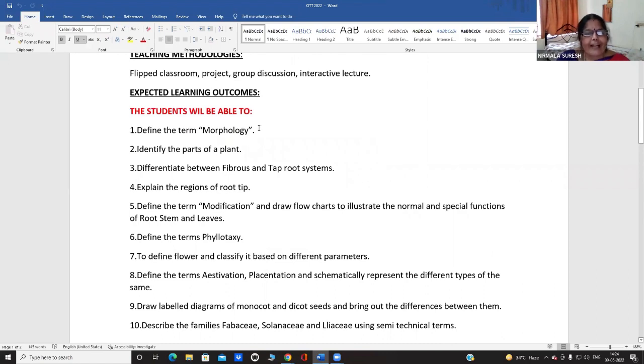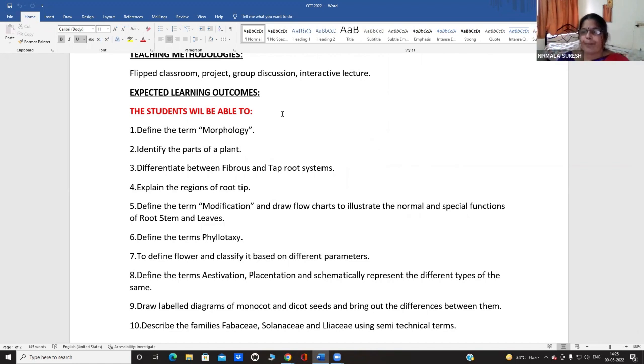Now, expected learning outcome. What do we mean by outcome? See, for any input, there must be an output. Suppose I teach something, I expect something from the children. So at the end of teaching morphology of angiosperms, what do I expect the children to have learned?